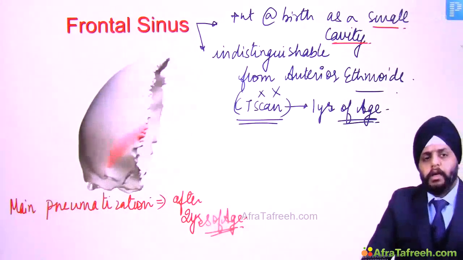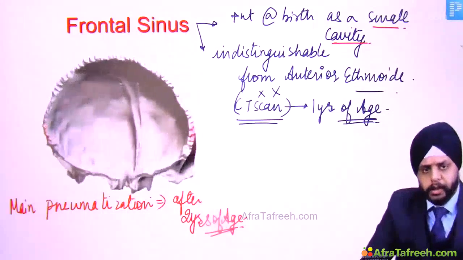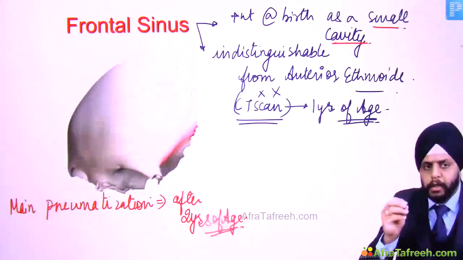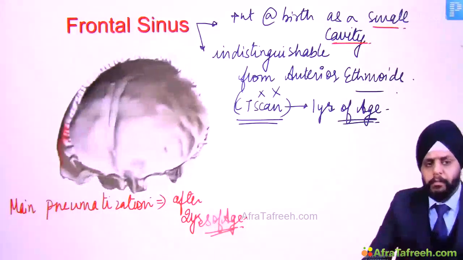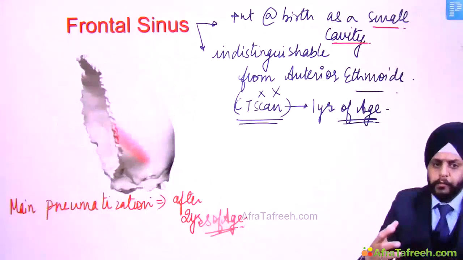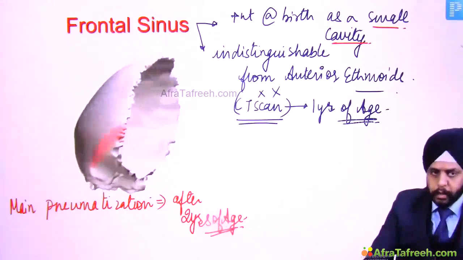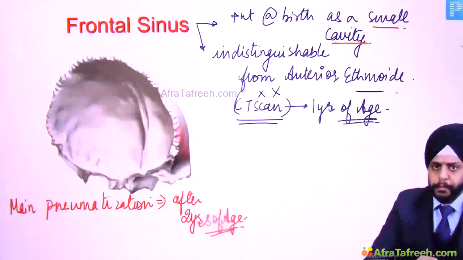Previously it was thought that it forms after 2 years, but we know that there is a small cavity present at birth. However, the main cavity formation, or the sinus formation, starts after 2 years of age. So very important.